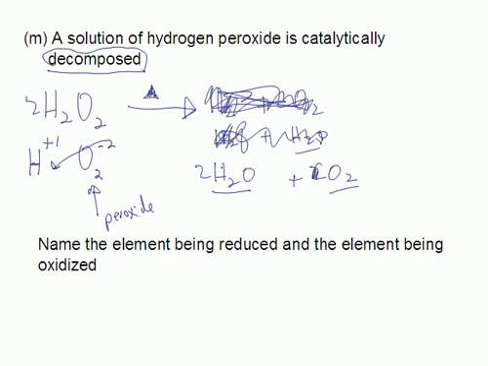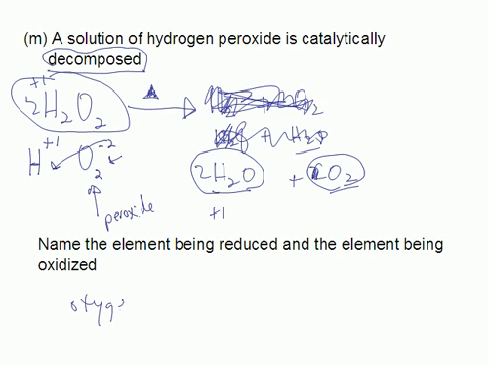Catalytically decomposed. Name the element being reduced and the element being oxidized. Before I do that, again, hydrogen peroxide came from this peroxide ion, and it broke into the two most stable compounds, H2O and O2. Well, we have to go through and label the charge on each element. We know hydrogen's always plus 1. So really, there's only one other element left, and that's oxygen. We have to choose oxygen by default.